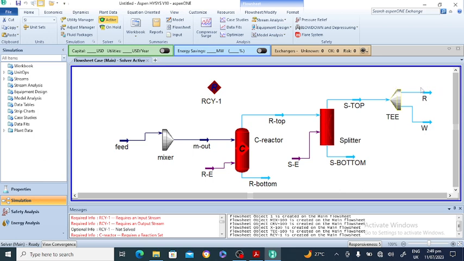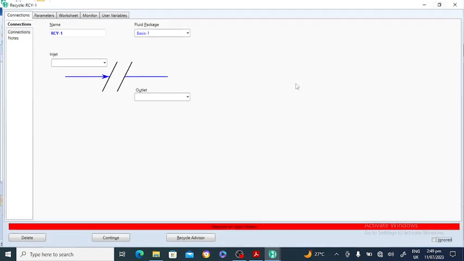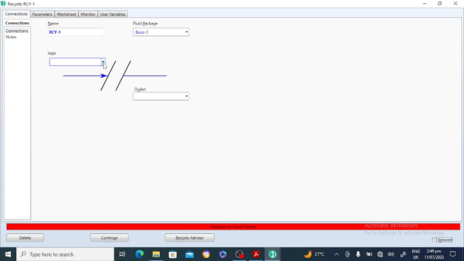Now we will connect this recycle with the recycler and it will combine. Double click on the recycle. The inlet to the recycle is R, and this is the recycler out.